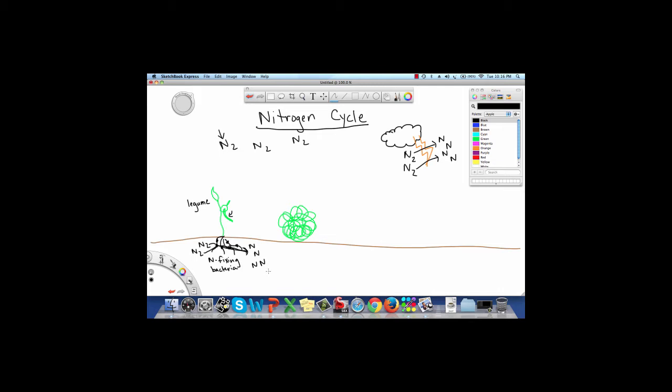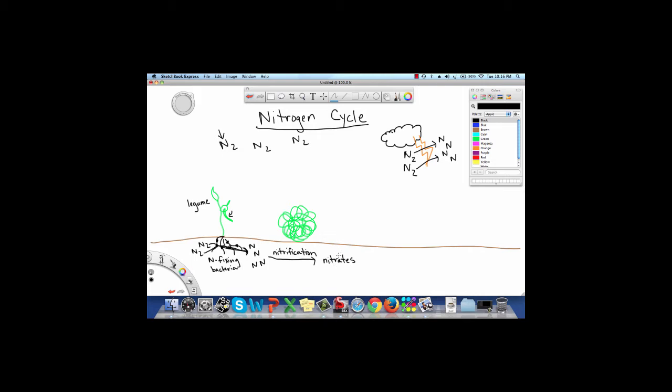We want nitrates because green plants take up this form of nitrogen. So here's our single nitrogens here, and we're going to just draw an arrow and write nitrification above it to represent this process. And the result of this process is nitrates. Okay, that's what we want. That's what plants are taking in.